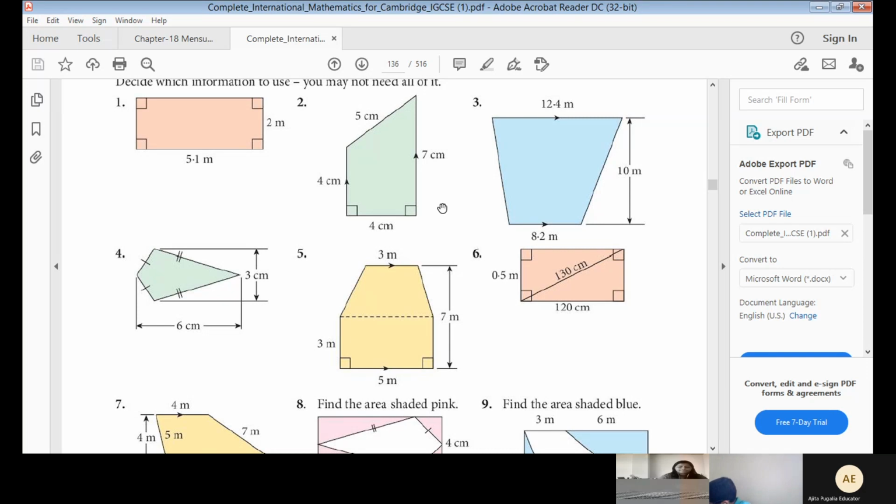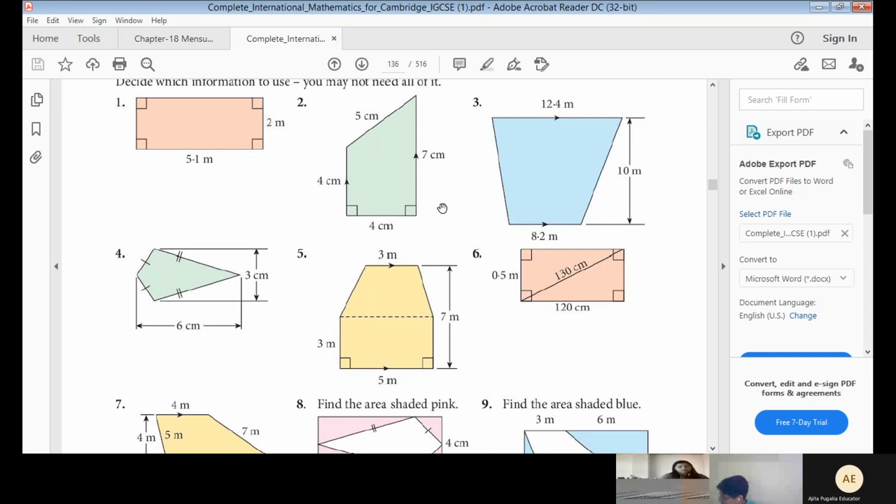So that would be 4, 7, 11 divided by 2. It's 5.5. Wait, but still, if I considered it as a square and a triangle, I should have gotten the correct answer anyways, no? We'll figure it out.